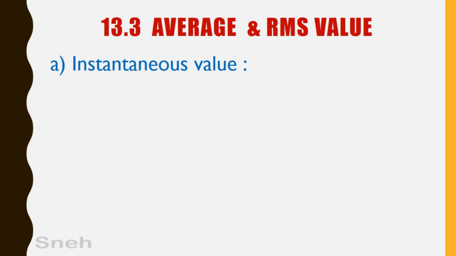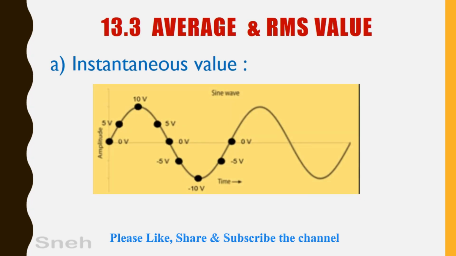Whenever we talk about alternating current or alternating EMF, we must know about instantaneous value, average value, and RMS value. So, let us start with that. First, instantaneous value. I consider again a wave.